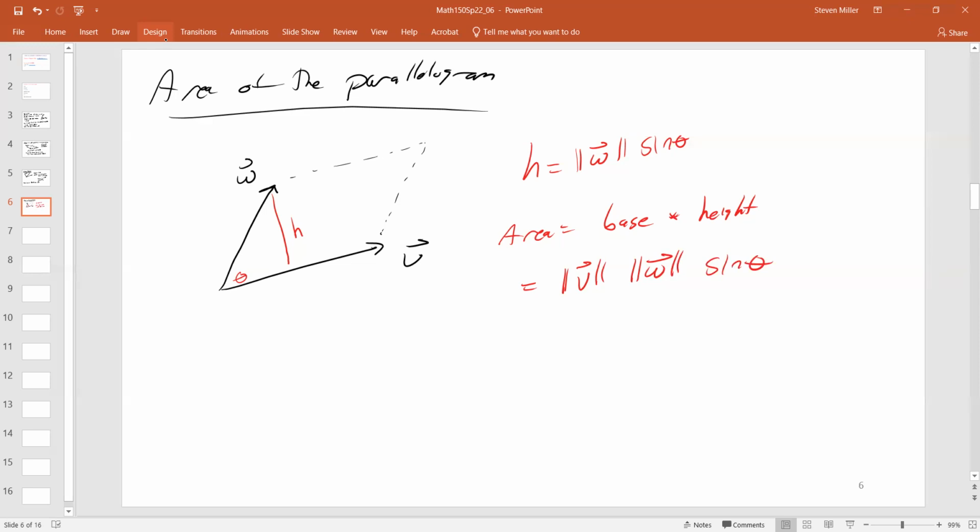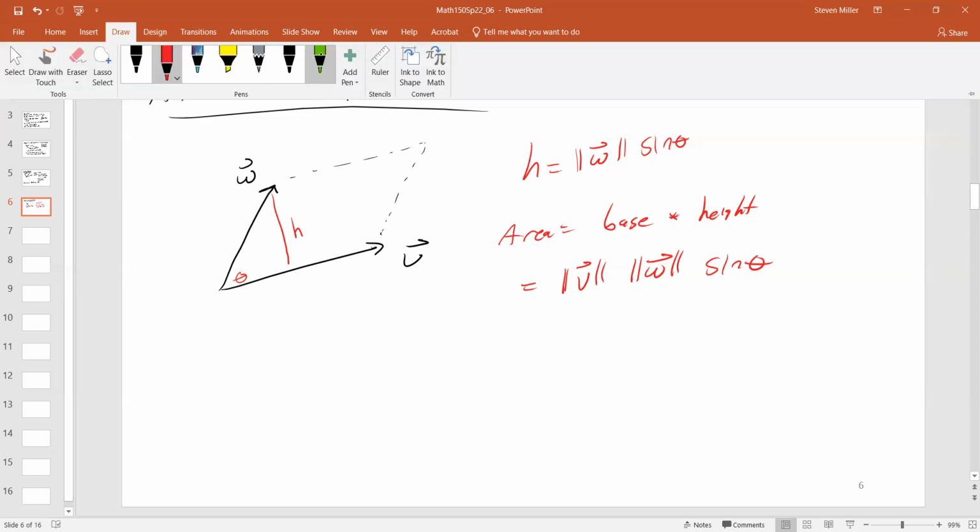Okay. I don't know any formulas for the sine of theta involving V and W, but I do know a formula for something else involving theta in terms of V and W. What do we know that's similar to sine of theta in terms of V and W? The dot product.